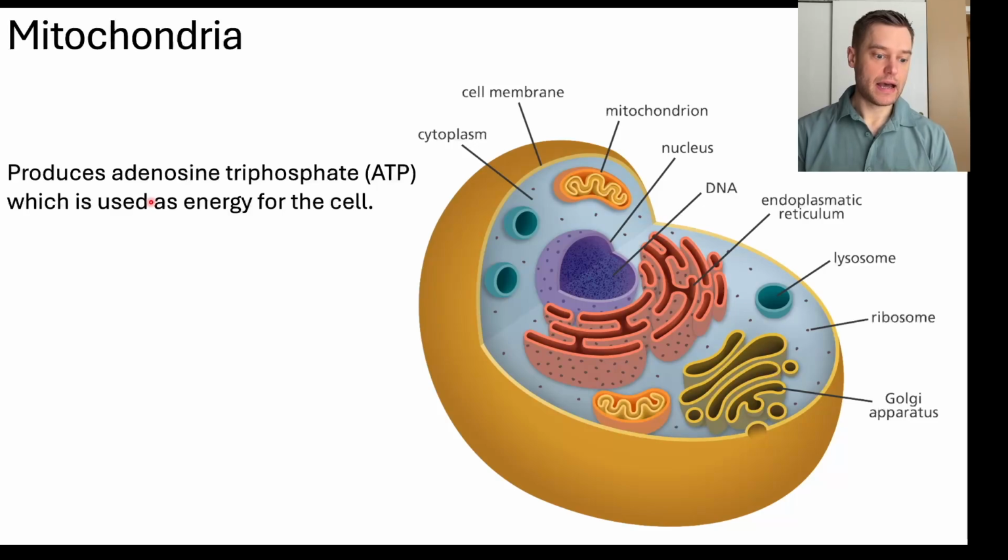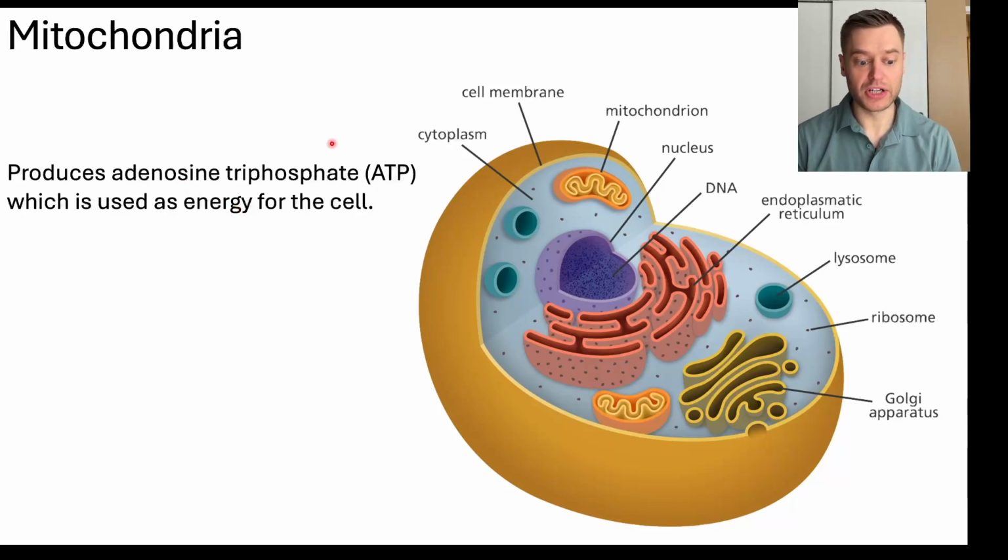But in any case, adenosine triphosphate is called that because it's made of 3 phosphates attached to an adenosine molecule. So adenosine is a chemical, phosphates are a chemical, and there are 3 phosphates attached to this adenosine molecule.